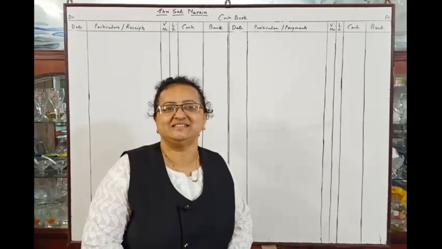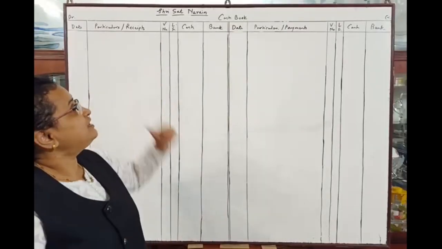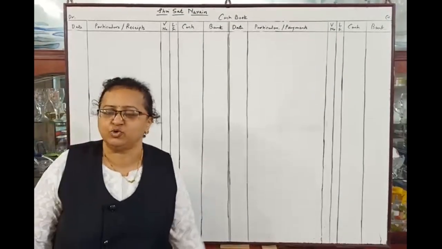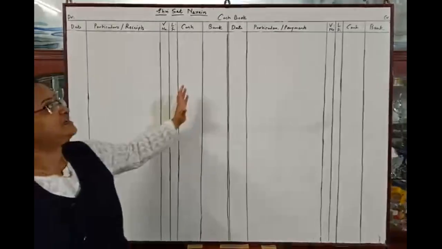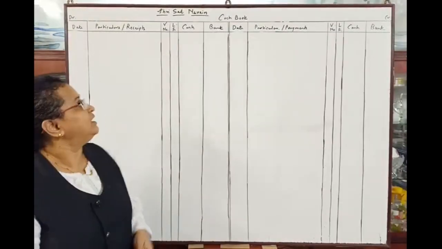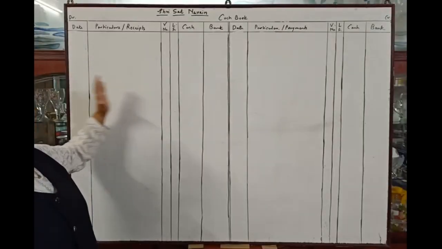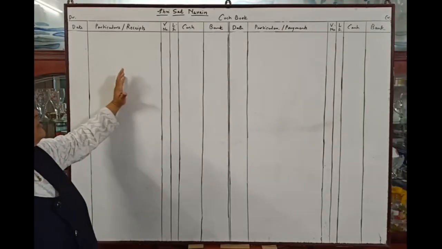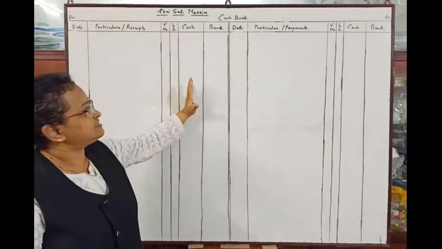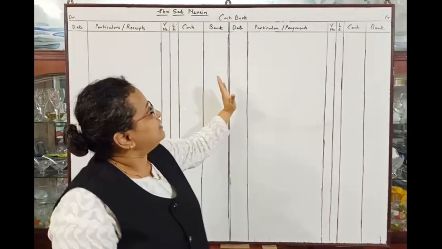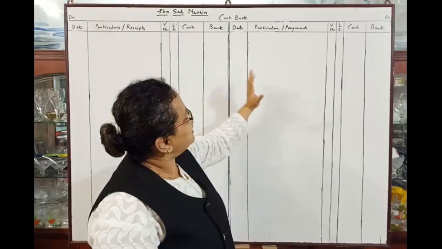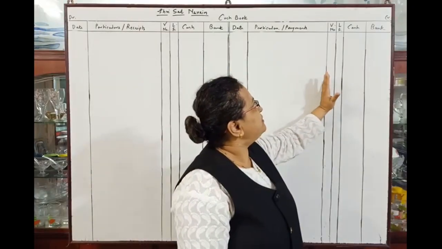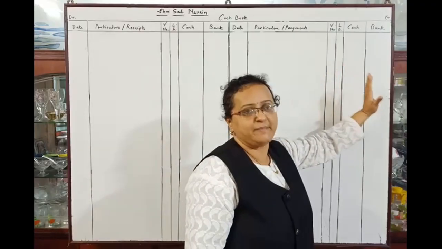Good morning students. Today we will again solve a double column cash book, that is cash book with cash and bank columns. Okay, this is debit side, that is receipt side, date particulars, V number, LF, cash and bank column. This is credit side, date particulars, payments, V number, LF, cash and bank column.